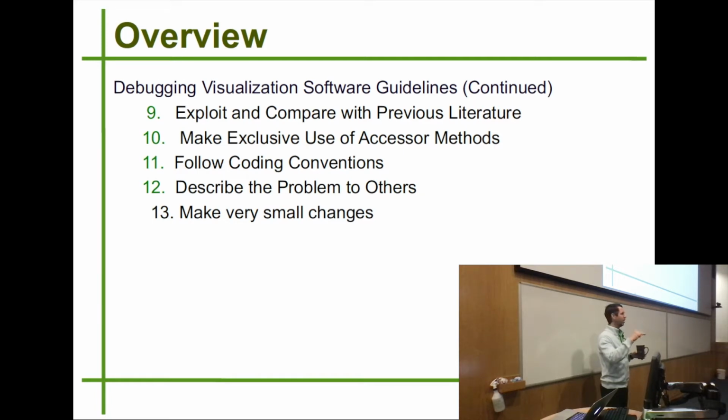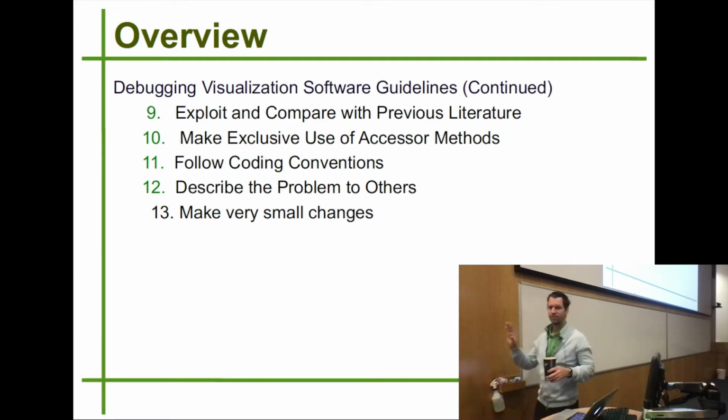If you change 10, 20 lines of code or lots of methods at the same time, you can easily get lost. And by the way, I'm speaking from experience. I've made all the mistakes, right? So I'm not excluding myself.